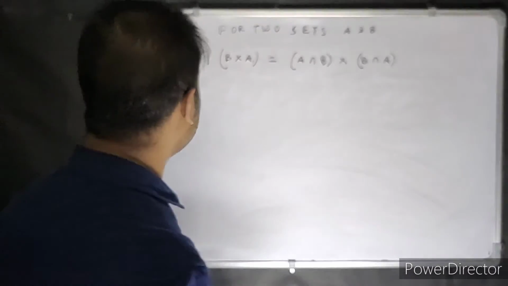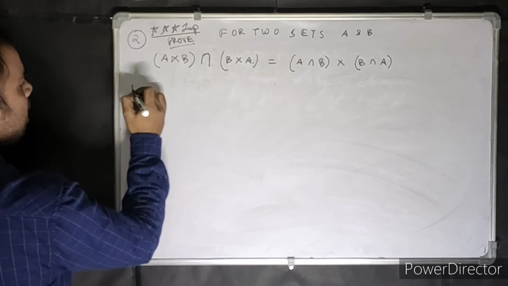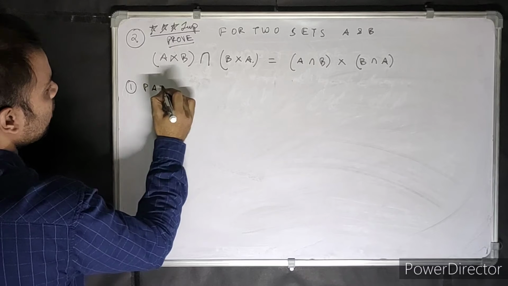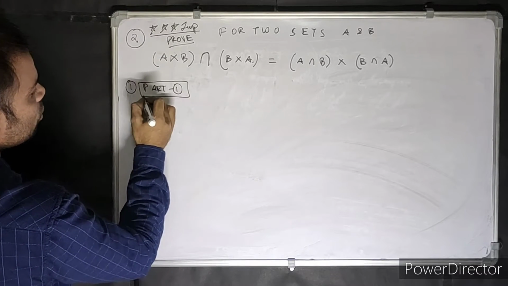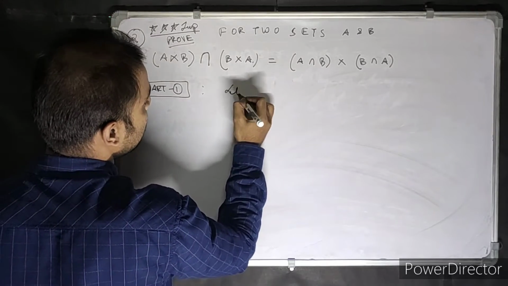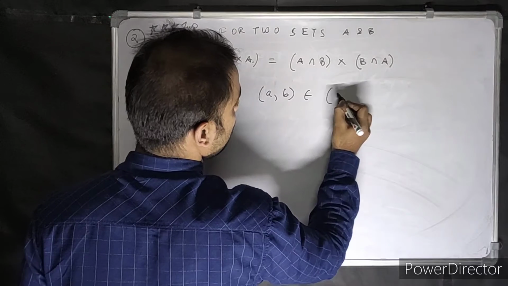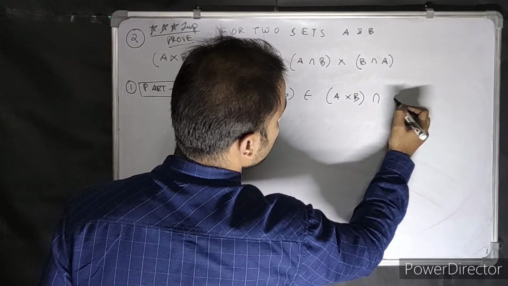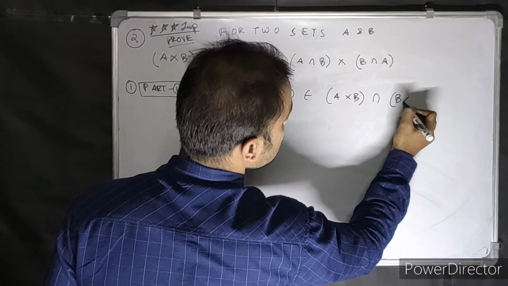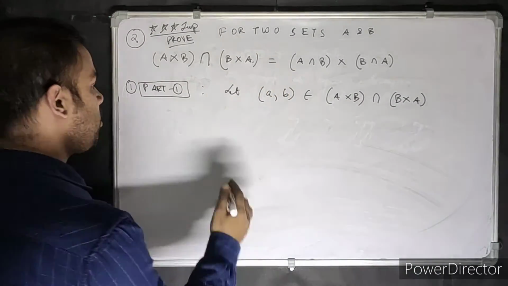So let's start with the proof. How do you start? Same way, write part 1. So this is your part 1 and start. Let (a, b) belong to A cross B intersection B cross A. Now from here what can you write?